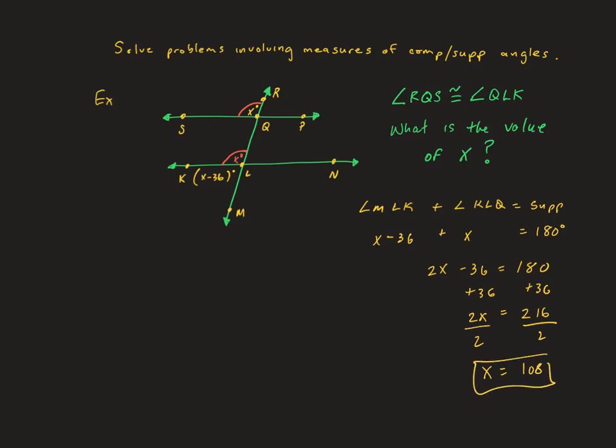So if I come back up here and substitute that in, if x is equal to 108, then this one right here would be 108 minus 36, which gives me 72. And if this is 72, then again, as a linear pair, I would have 72 plus 108 equal to 180 degrees.